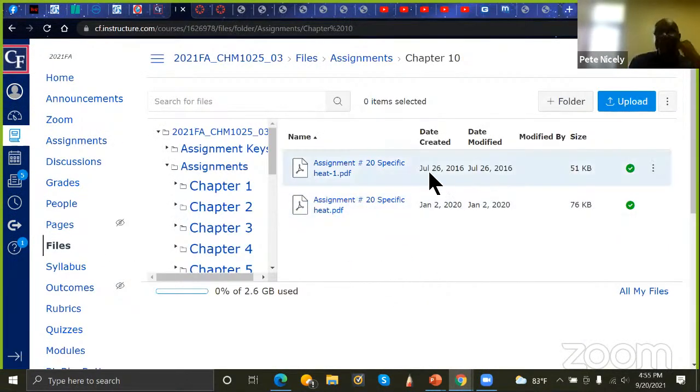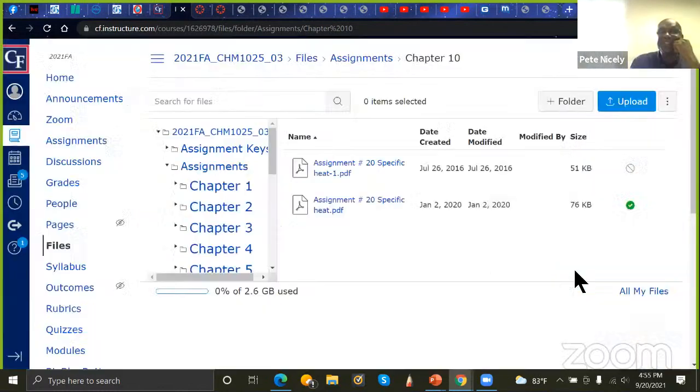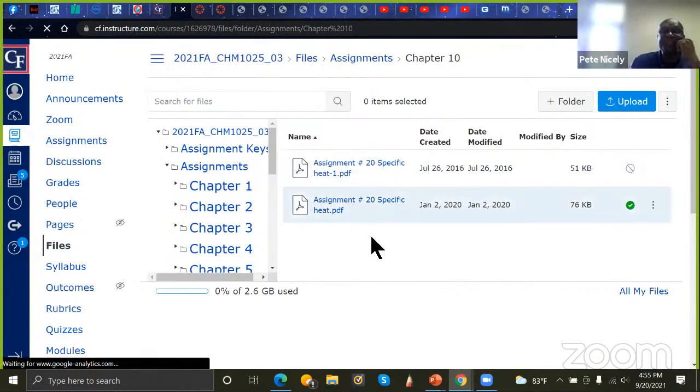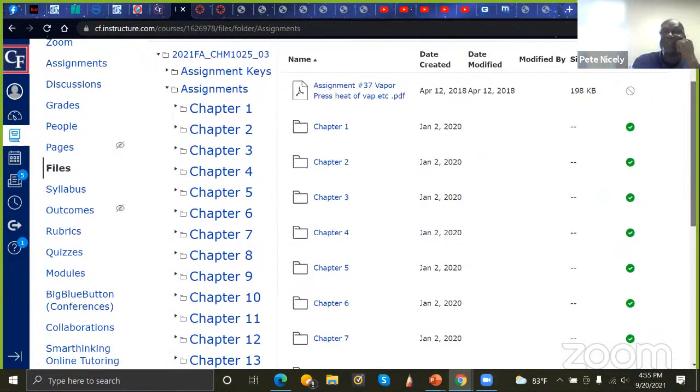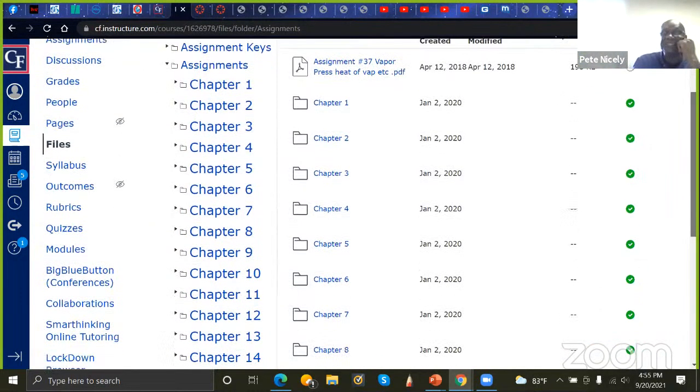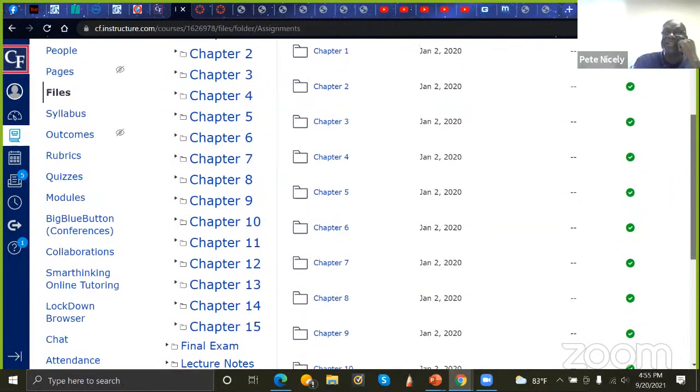Okay, now this is what I'm going to do, because since you have a test to do next week, I'm going to unpublish that one. I'm not going to give you these assignments quite yet, because I think you need some time to prepare for your upcoming test. But I'm going to leave them published, so that you guys can look at them if you want to.